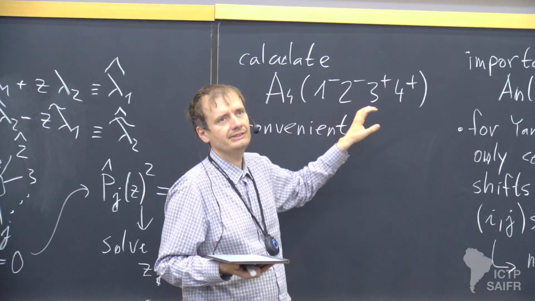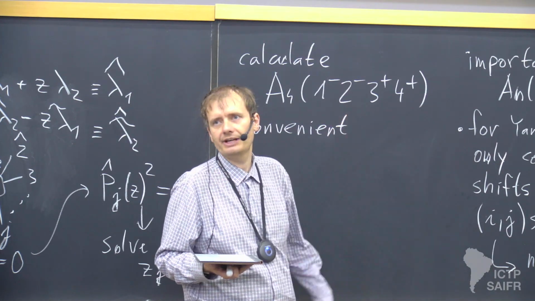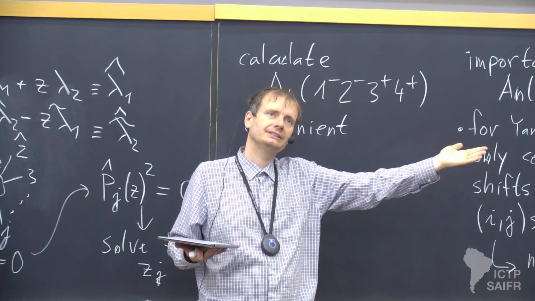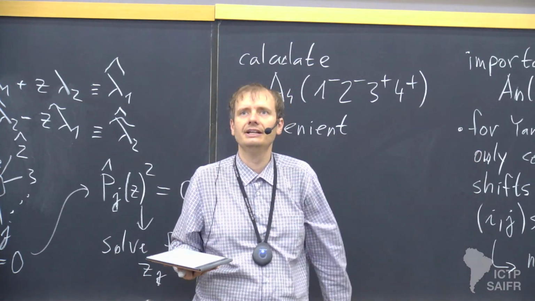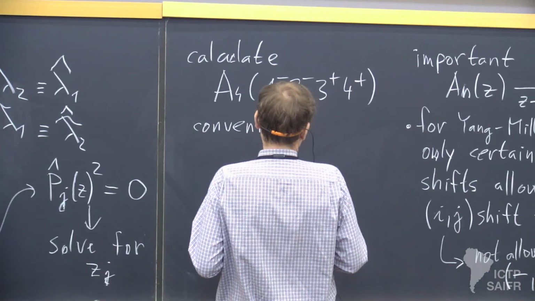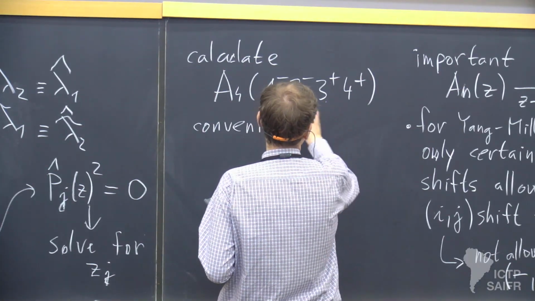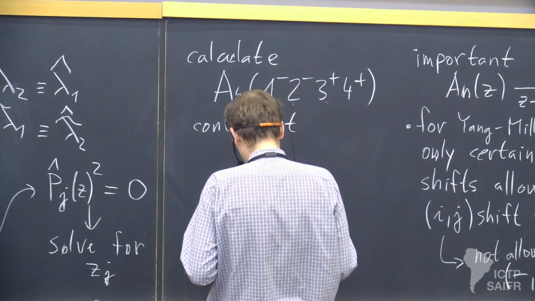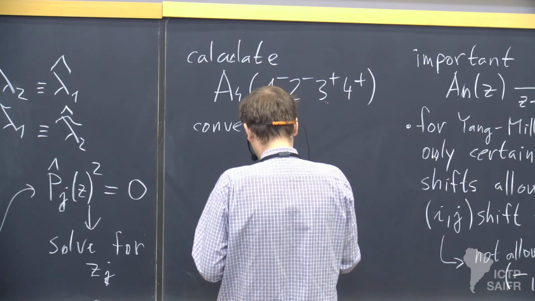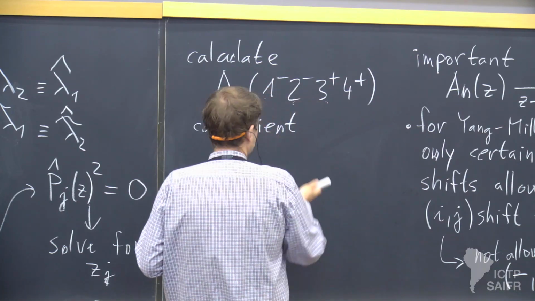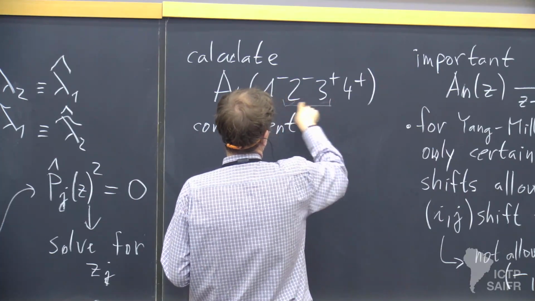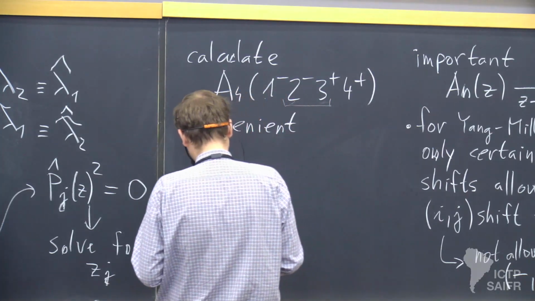But if you want to limit the number of factorization channels which appear in the formula, it's convenient to shift adjacent legs, because then one leg must be on one side of the channel, the other leg on the other side, and then you have fewer terms. So what we will do here is shift 2 and 3. But again, we can make other choices. One can shift 1 and 2, 3 and 4, or 1 and 4. Somehow, the canonical choice is to shift the adjacent ones where the helicity flips, but it doesn't matter. It's just a choice.